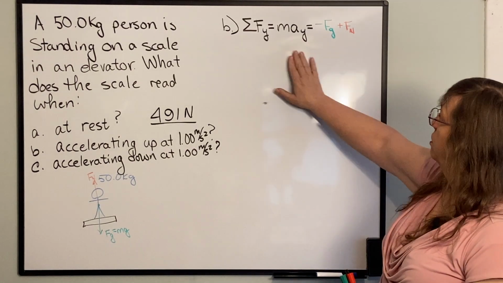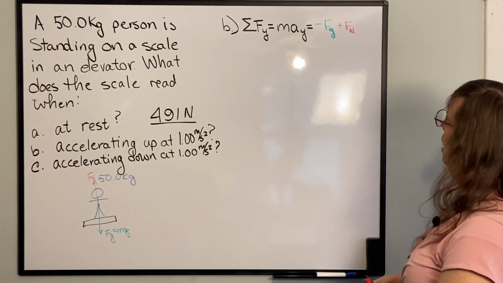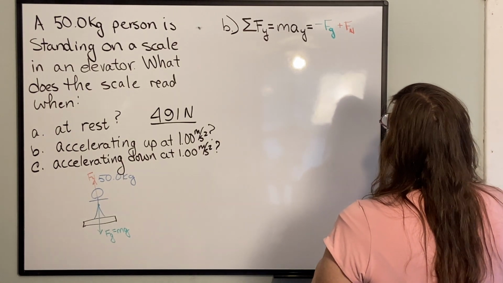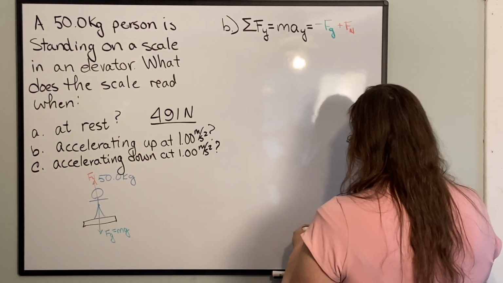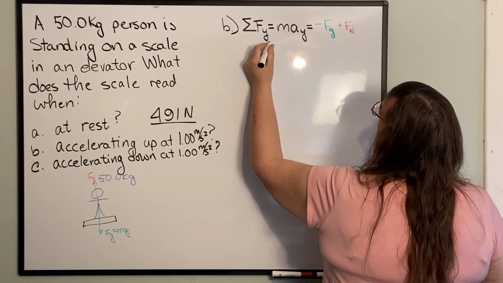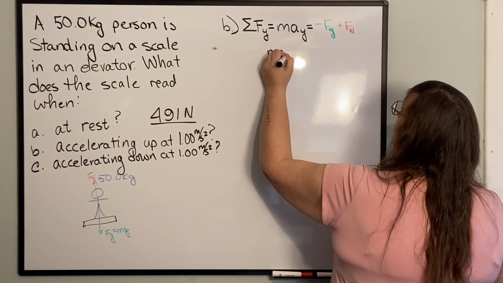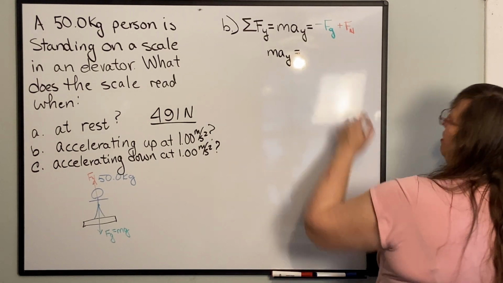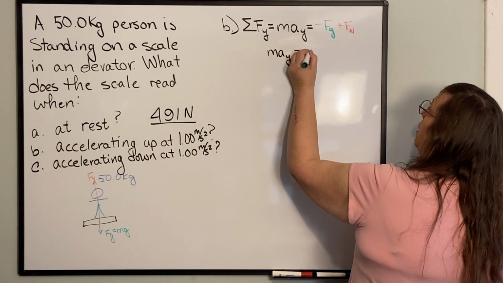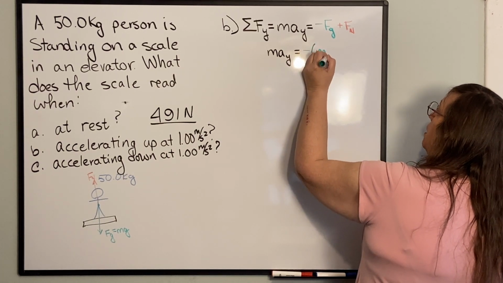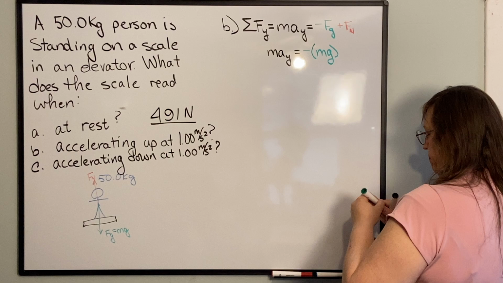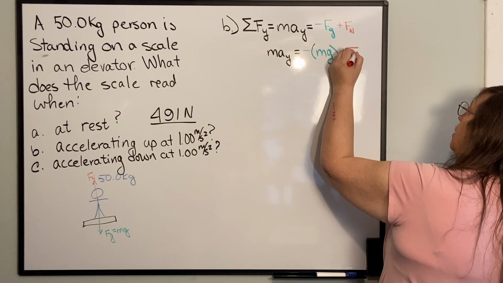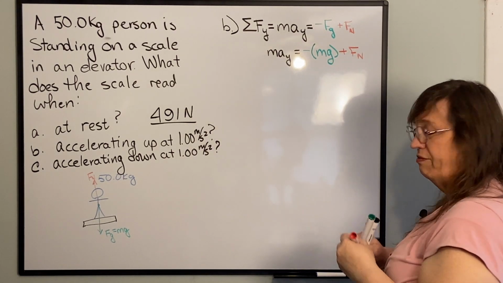So what we're going to do now is solve this problem. All right, a little bit of manipulation here, and I'm going to add a couple of variables in. We're going to have mass times acceleration in the y direction equals, we know that Fg is going to be minus mass times gravity, plus Fn.